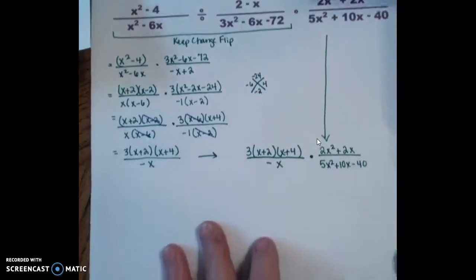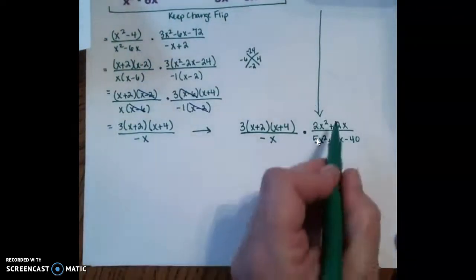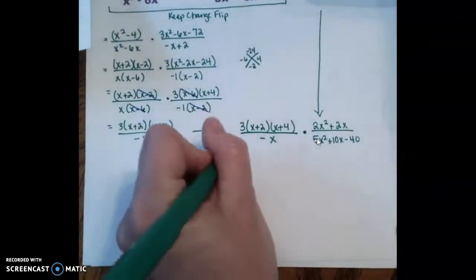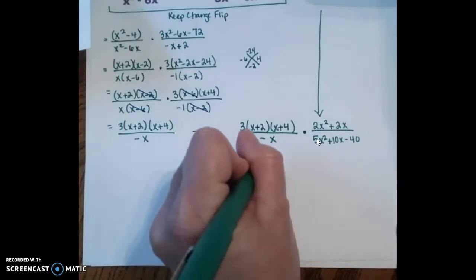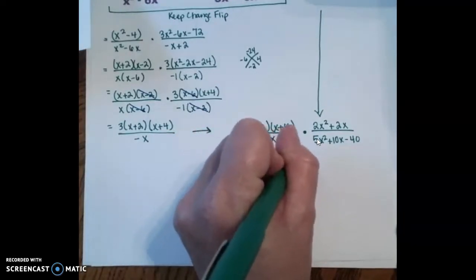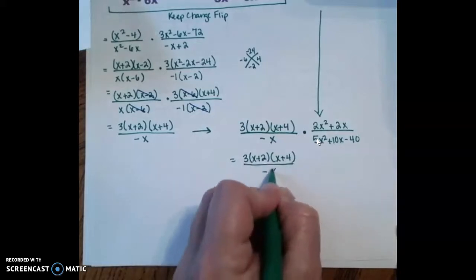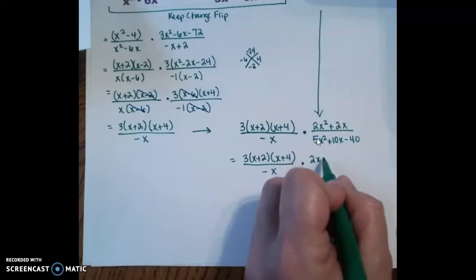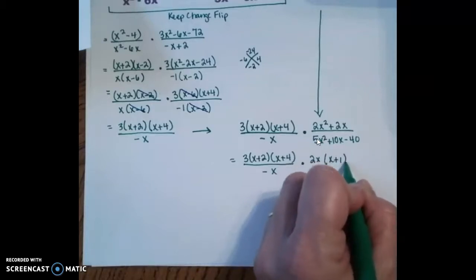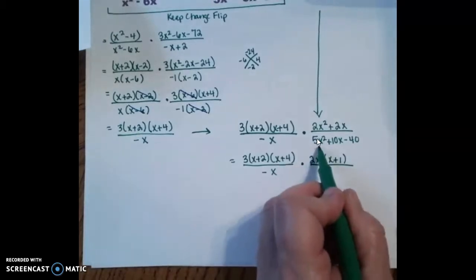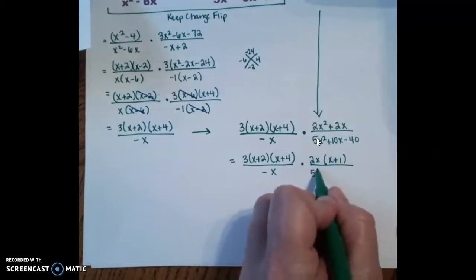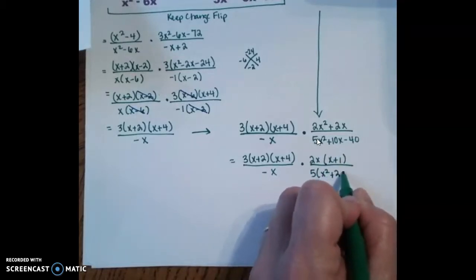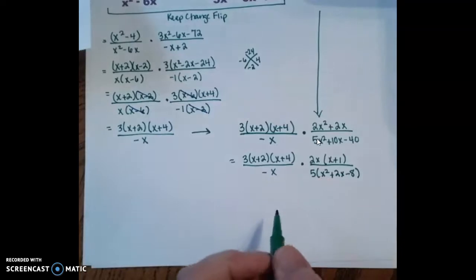So we do have some factoring to do here in our second fraction. So everything's factored in the first fraction. But I do have a GCF of 2x that we can factor out here. That's going to leave me x plus 1. I can factor out a 5. So that'll leave me x squared plus 2x minus 8.